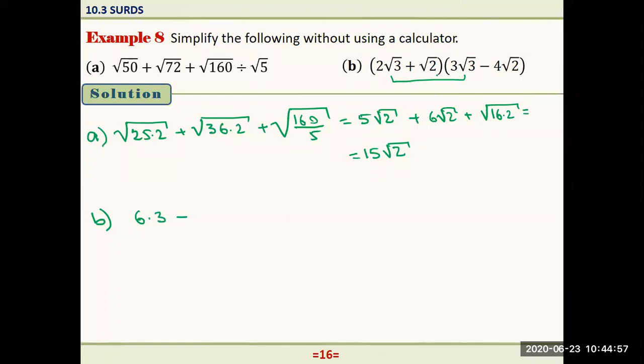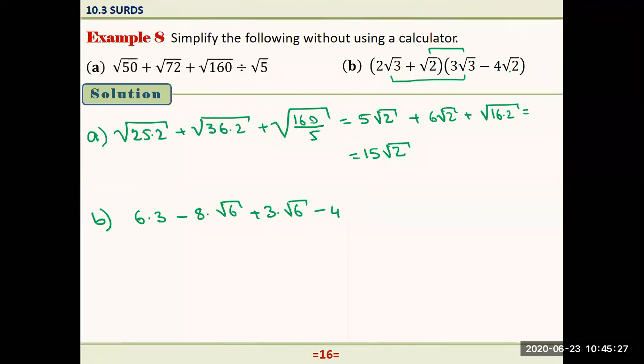Here we have minus because of this, 2 times 4. It is 8 times square root of 3 times square root of 2, that is square root of 6. Okay. Plus, now I should multiply this by this, right? 3 times 1, it is 3 times square root of 2 times square root of 3, that is square root of 6. And here we have minus 1 times 4, it is 4, right?